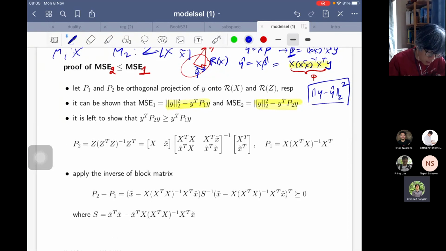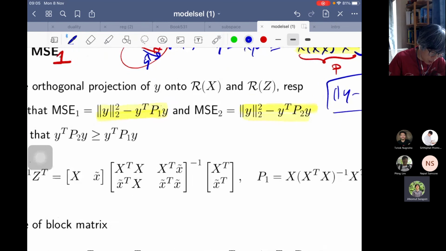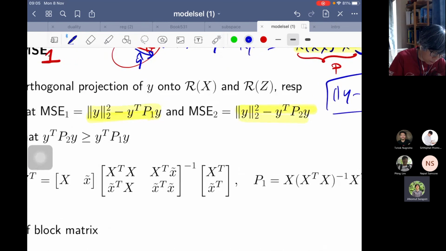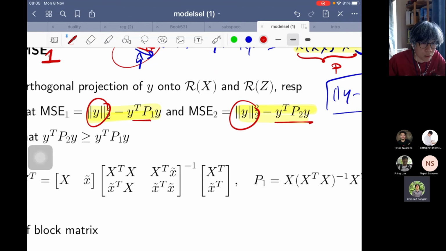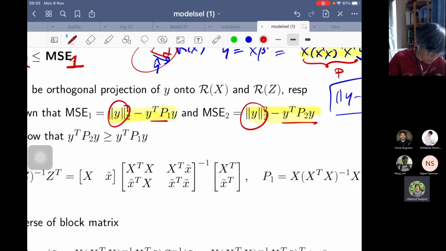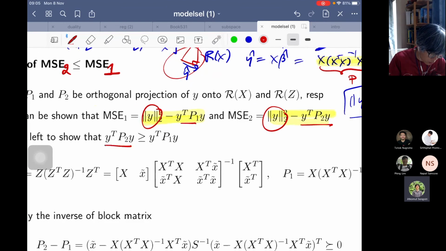Now, when you see the MSE in this way, the first term is constant because it depends on the data. Now you need to compare only the quadratic form in Y using the orthogonal projection matrix. Then you only need to see that this quadratic form, Y transpose P2 Y, is bigger than this one.